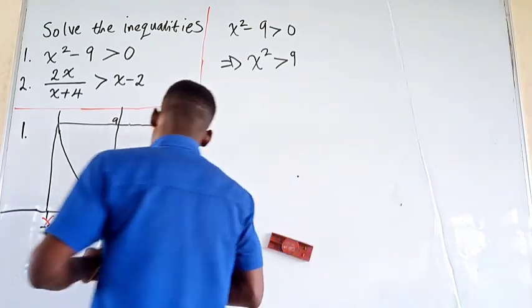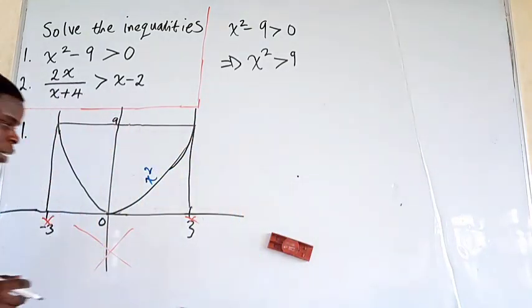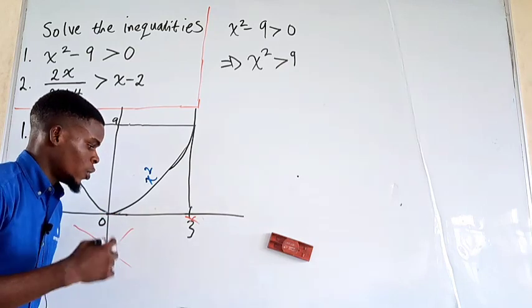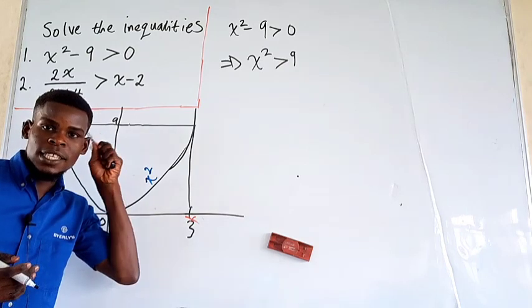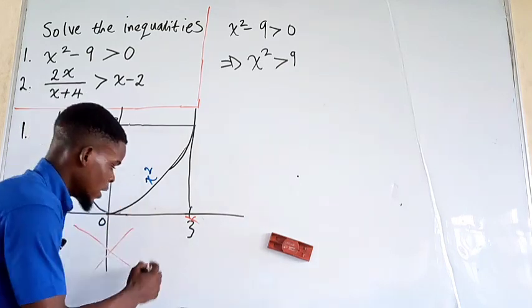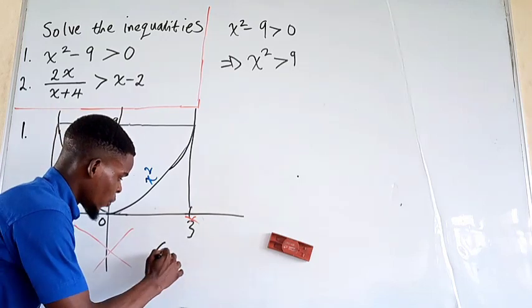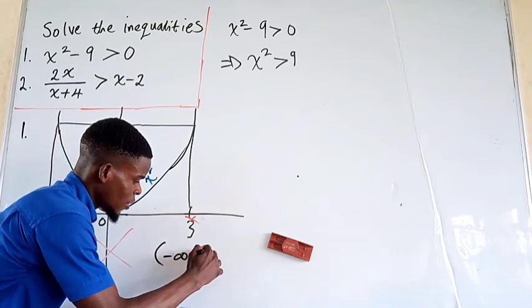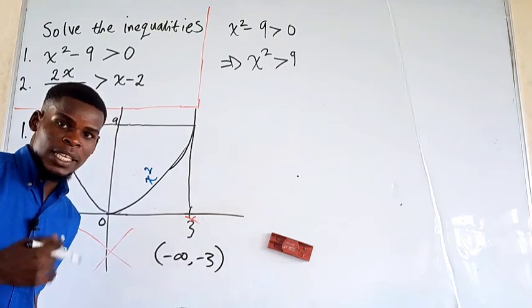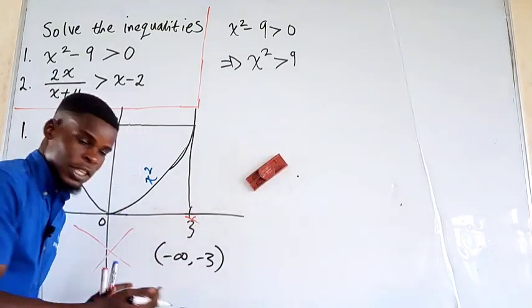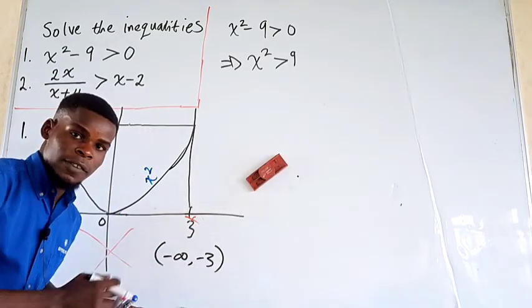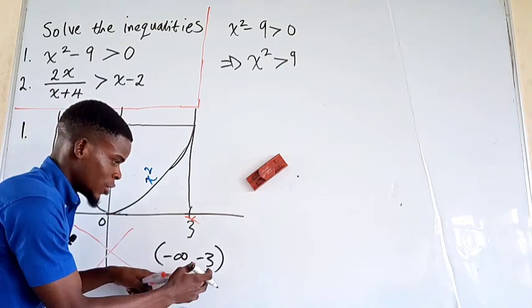In fact, the result for this first one is that the interval in which x will belong such that that inequality will be satisfied is that x should belong to this interval from -infinity to -3, excluded, that open bracket shows we don't include this end point, all right?